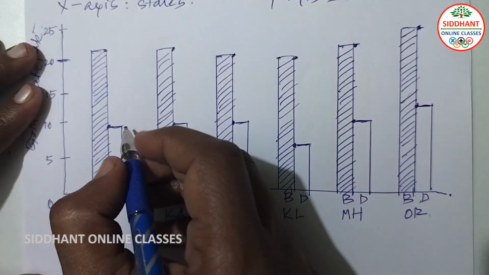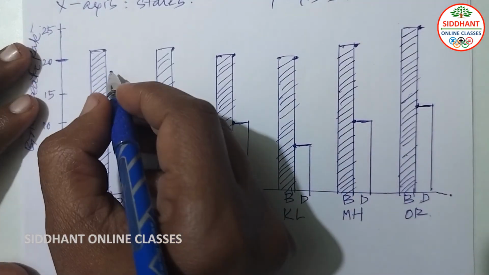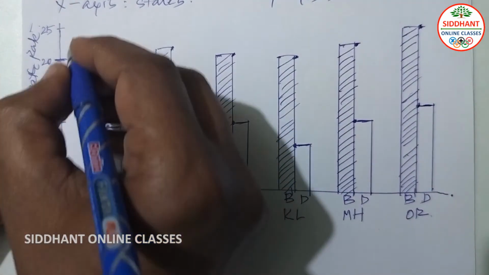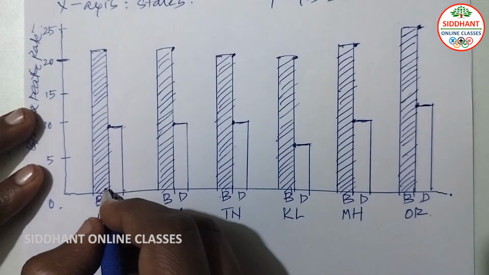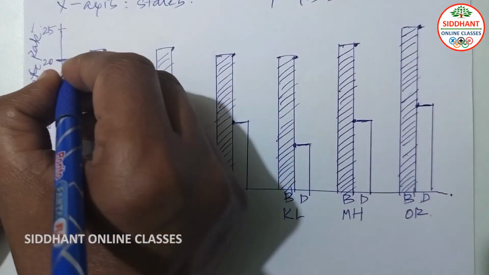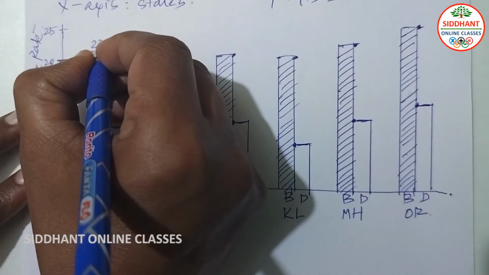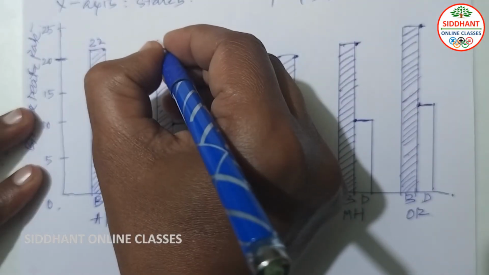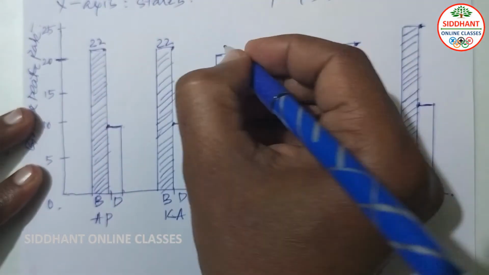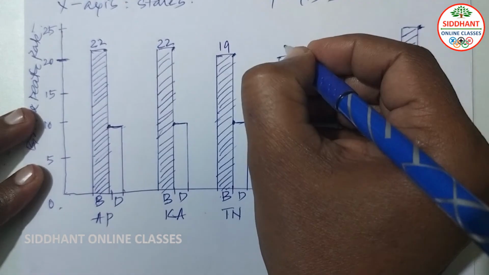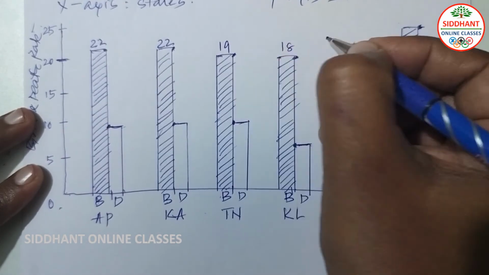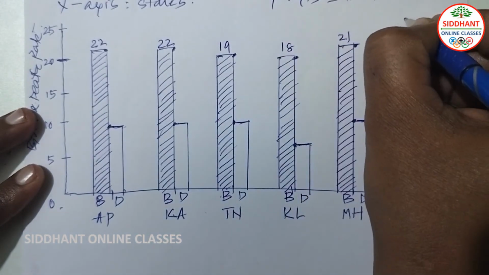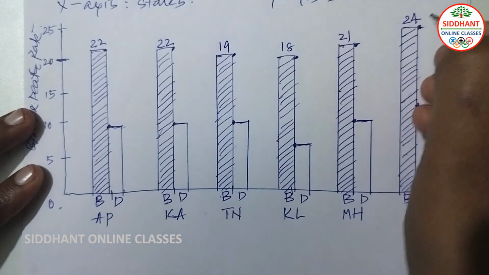And also you can write the values on the top of the bars. Where the bar is we don't know, so then we can write here 22, here also 22, here 19, here 18, here 21, here 24.